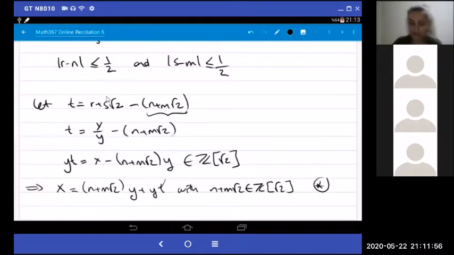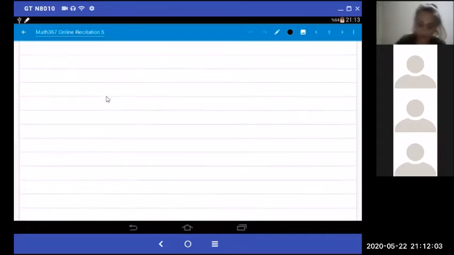Let me put a star here, okay? So for the Euclidean function, what we should show is that the norm of the remainder should be strictly less than the norm of the divisor, right? Or it has to be 0.